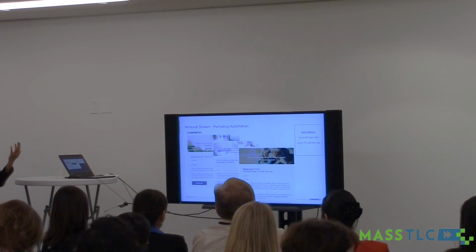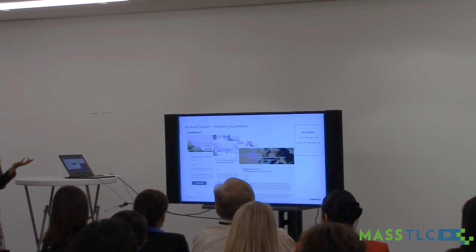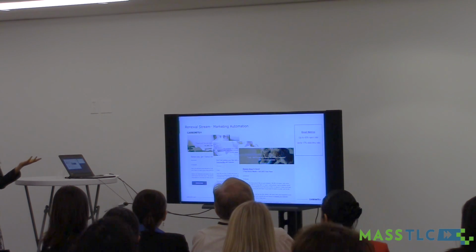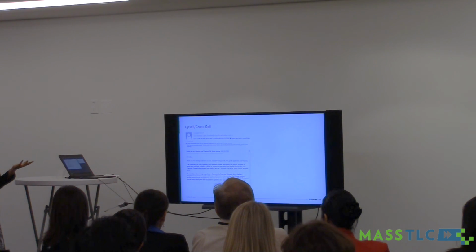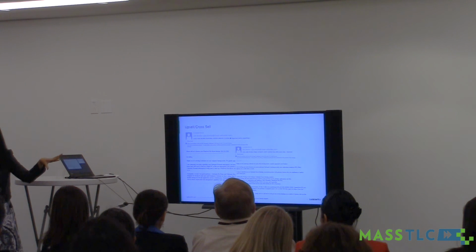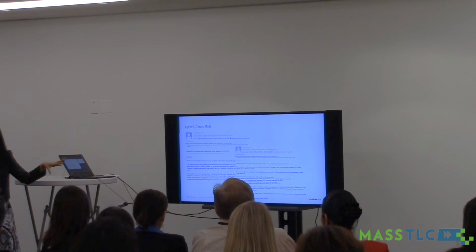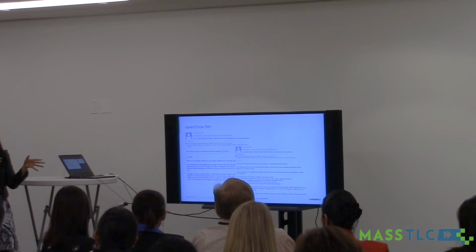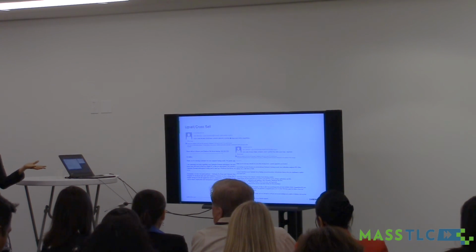And you can see 45% open, 37% click-through, but that's expected because these are existing customers, they know us. And this is where upsell and cross-sell is more personalized. It comes from a sales rep in a letter format. Again, these are all automated, but it looks like it's coming from a person.